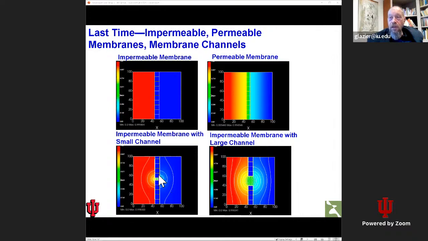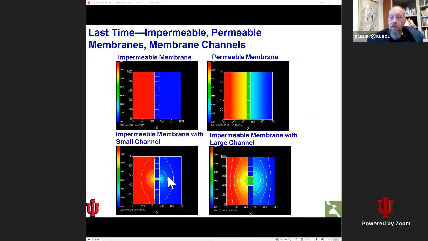Near the hole, I get essentially concentric circles around that hole. And you'll notice the concentration is lower on the inside near the hole, because you've got essentially like a bathtub. You've got a hole like a bathtub that's letting the concentration out.